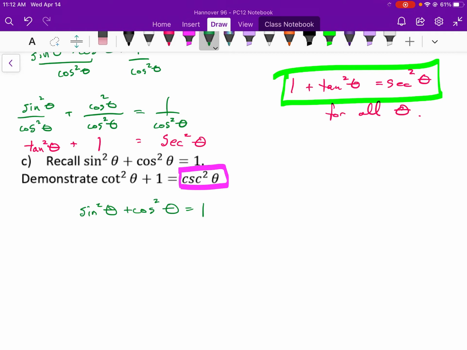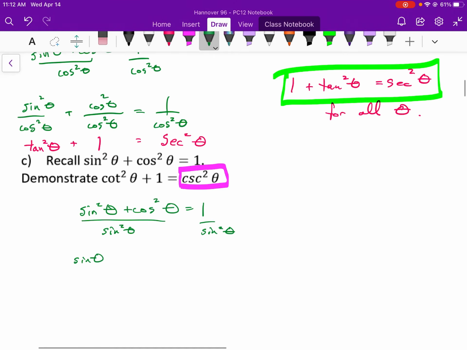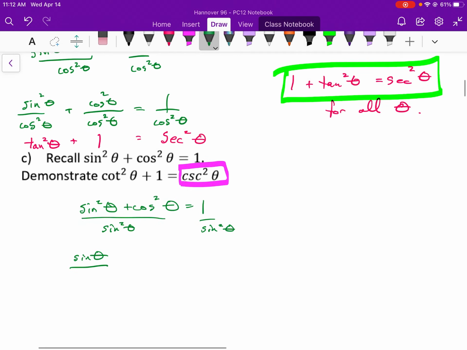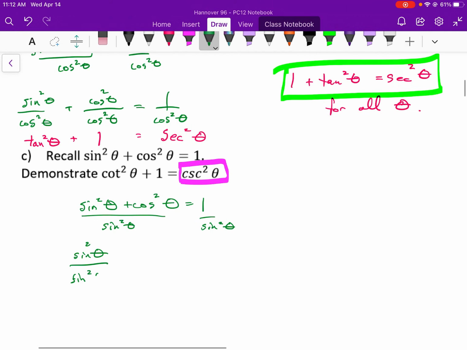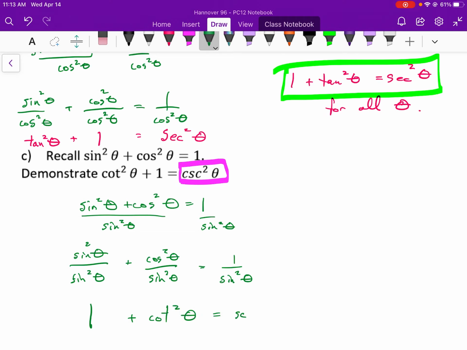Cosecant is 1 over sine. So if I divide both sides of this equation by sine squared theta, I am going to get sine squared theta divided by sine squared theta plus cosine squared theta over sine squared theta is equal to 1 over sine squared theta. 1 plus cosine over sine squared is going to be cotangent squared theta is equal to 1 over sine squared theta, which is cosecant squared theta.